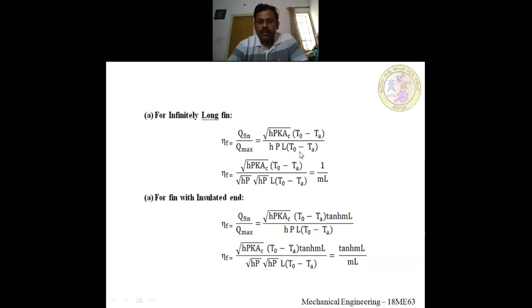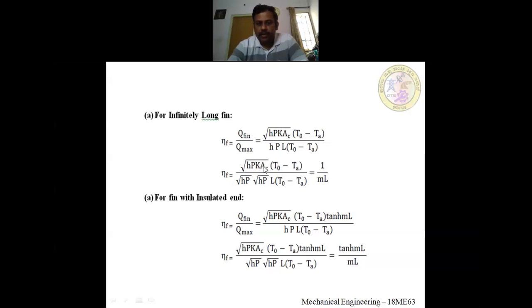Here the numerator T naught minus T infinity and the denominator T naught minus T infinity cancel. In the numerator, square root of h P k A_c, I can write the h P as square root of h P times square root of h P in the denominator, which is nothing but h P only. So one square root of h P and one square root of h P cancel. What is remaining here is square root of k A_c by square root of h P.